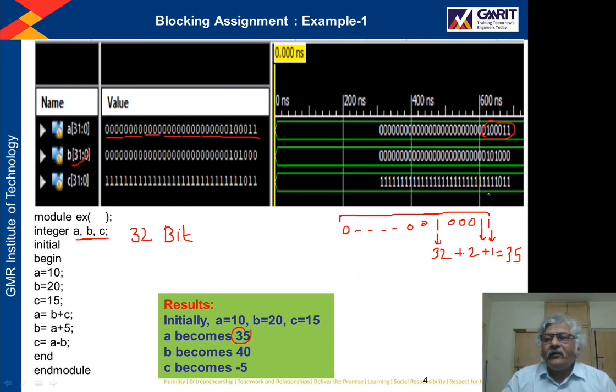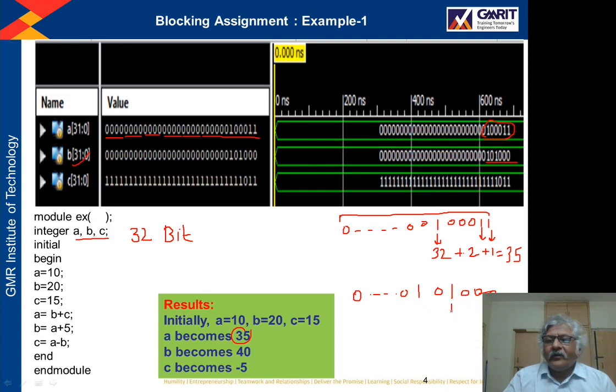So this is B. Now for B, what value is assigned here? 1 0 1 0 0 0, and here all zeros up to 32 bits. So what does this represent?